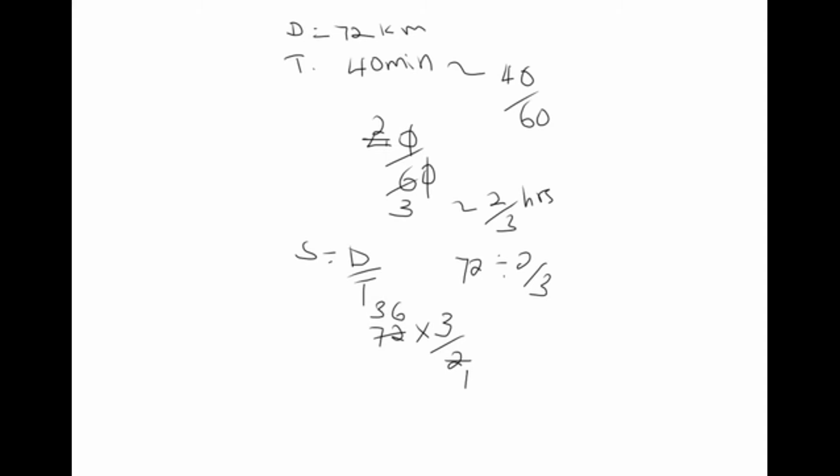Then 36 multiplied by 3 is 108 kilometers per hour. That was the average speed for the car. For us to get now the difference, we take 108 minus 80.